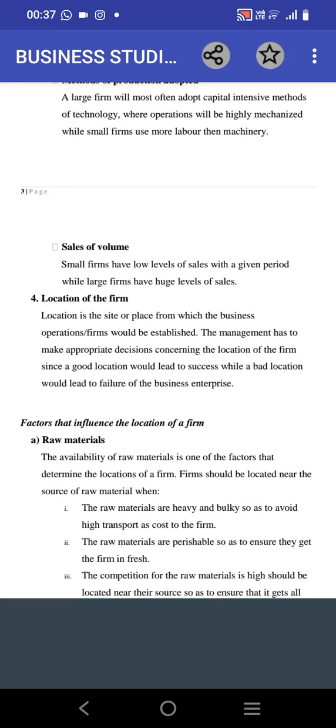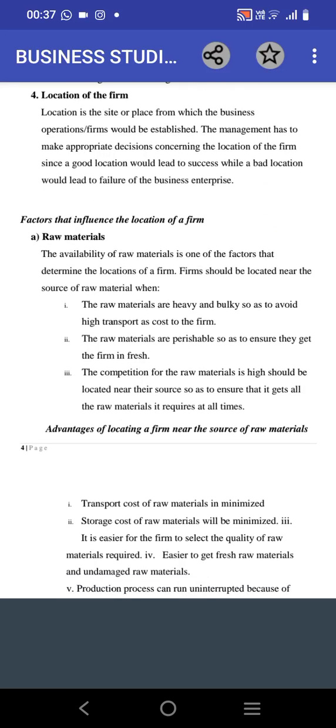We looked at the location of a farm, size of a farm. Now we are looking at the location of the farm. Location is the site or a place where a business operation would be established.